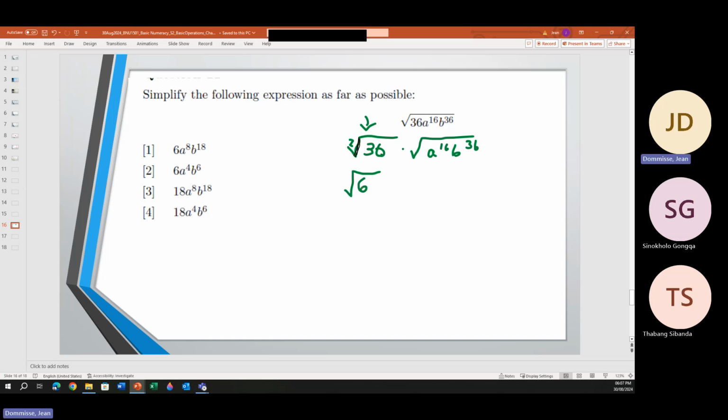Okay, so we've got 36, so that is 6 to the power of 2. So what I then say, well, that's a division line. So I've actually got 6 to the power of 2 divided by 2.